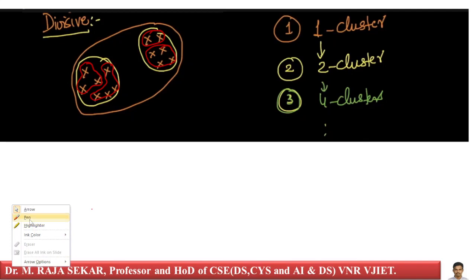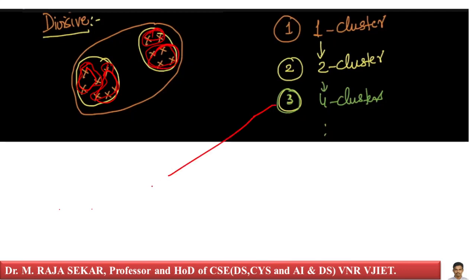How many clusters do we have? We have four clusters.